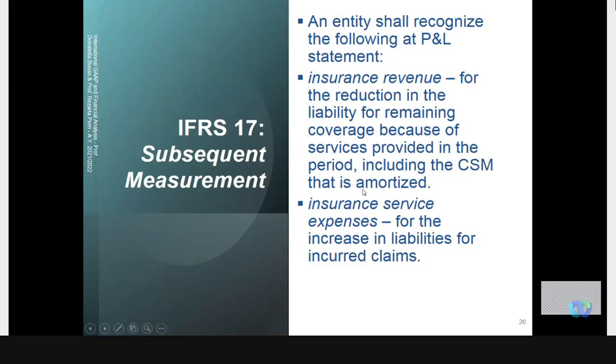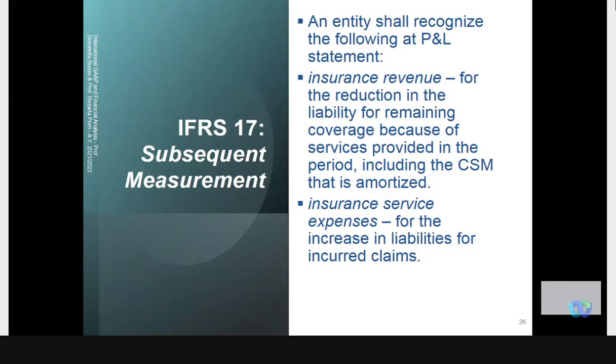But considering all the contracts issued by an insurance company, usually there are thousands or hundreds of thousands of contracts issued by a single company. In total, you will always have insurance service expenses. One or the other will have a car accident. One or the other house will go on fire or be destroyed. So you need to pay something.